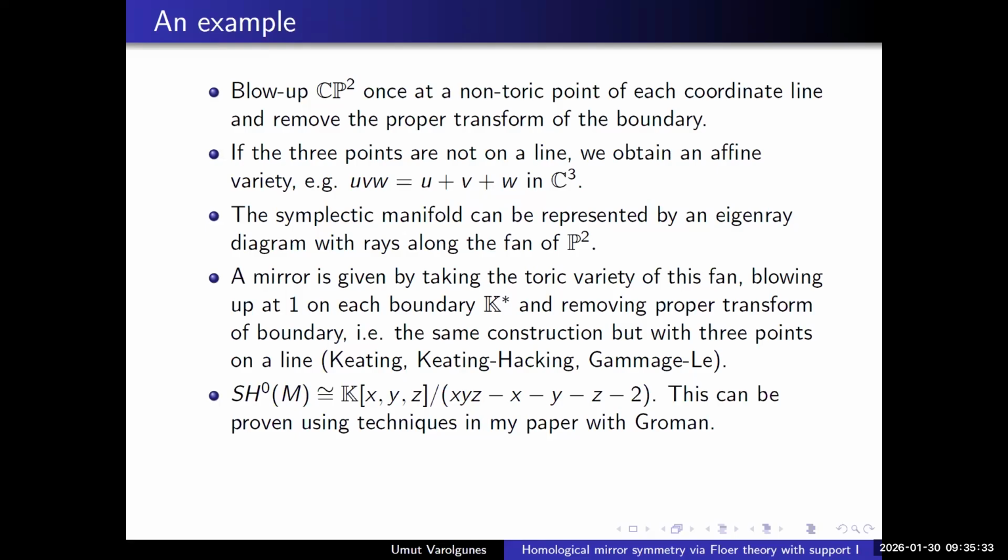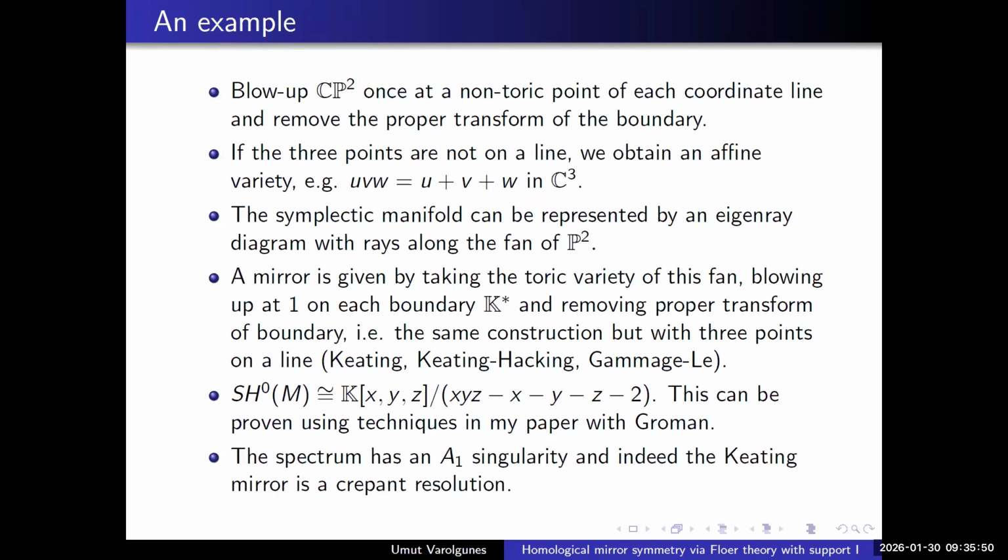Okay, but you can also do a symplectic computation using techniques of Liouville and Groman. It just repeats the kind of structure that Band and Mark use in their computations. Okay, but what's the point? The point is that this is singular. This thing, if you compute it, has an A1 singularity at the point (-1, -1, -1).